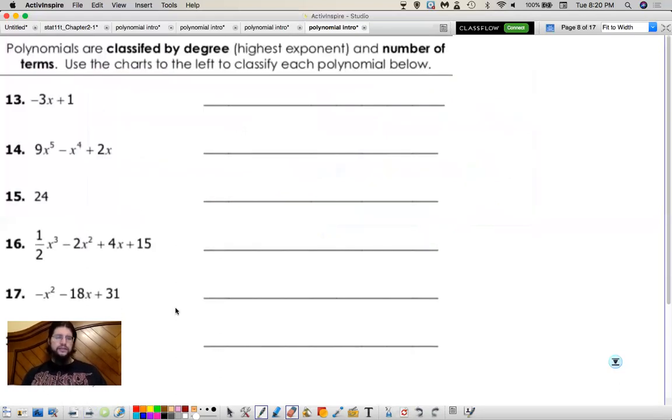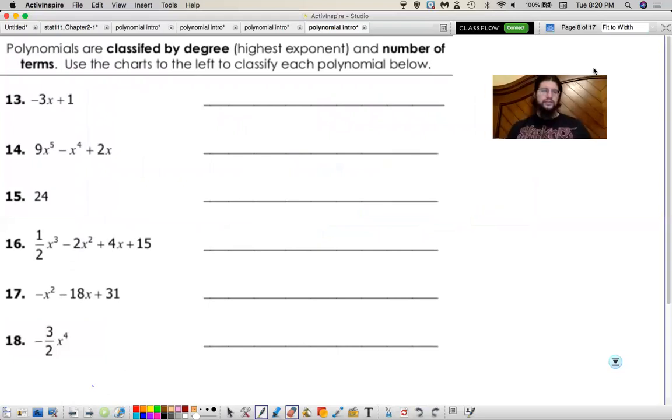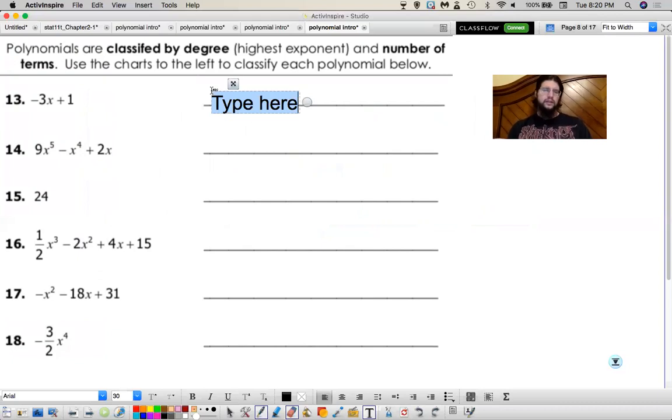So let's name just a couple of these things by the degree and the number of terms. How many terms does this have? 1, 2. What's the degree? 1. So that's a linear binomial. What's the degree here? 5. So that's a quintic. Again, I don't care. I'm going to call it fifth degree.